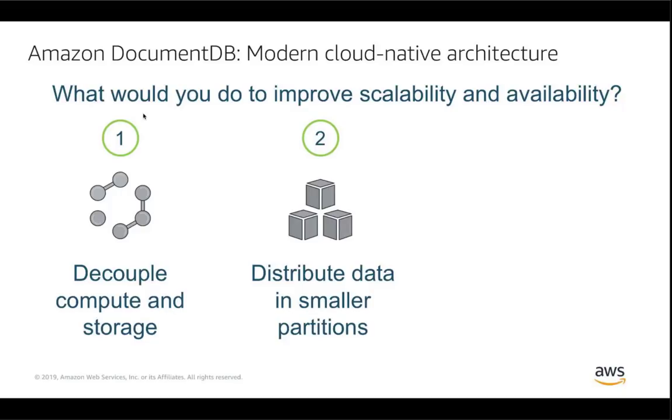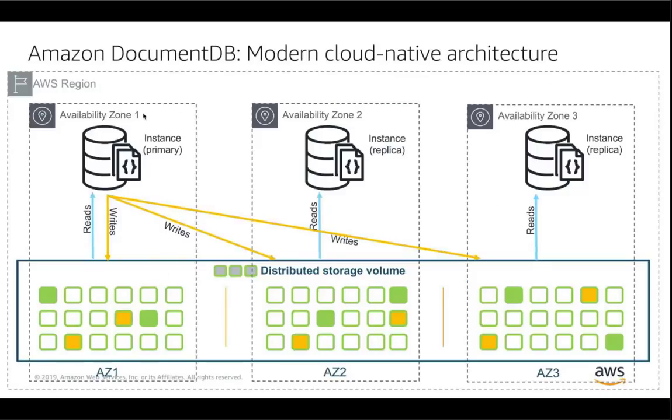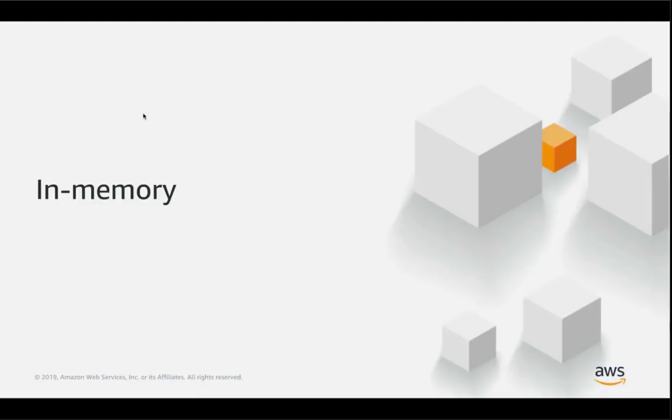And we replicate 6 ways across 3 AZs. So it provides a tremendous amount of redundancy and data availability that's really unmatched. All right, so here's the architecture, which provides distributed storage and compute, and provides a modern way for dealing with documents in the cloud.